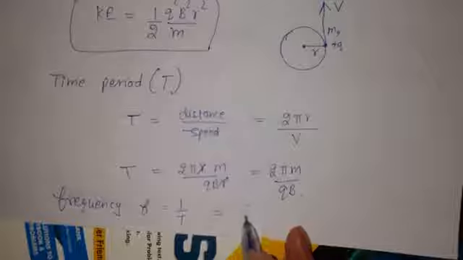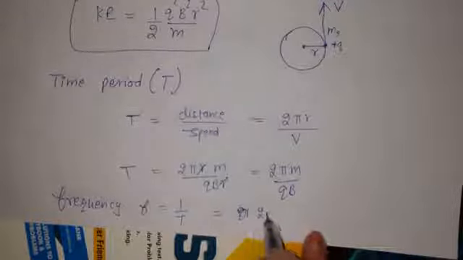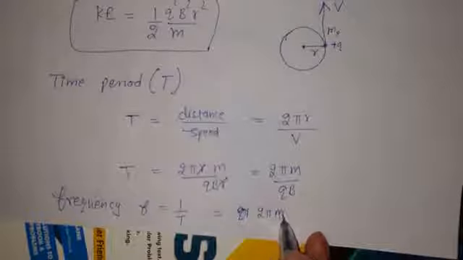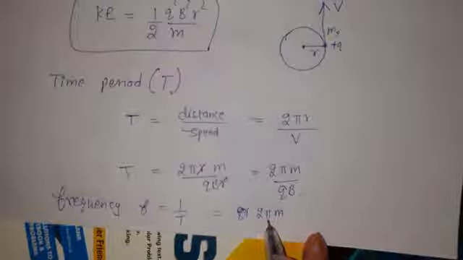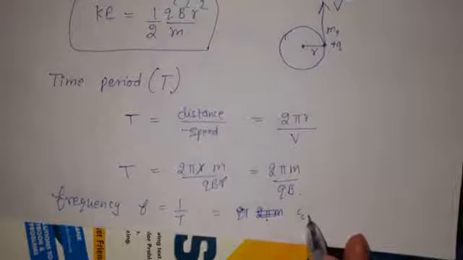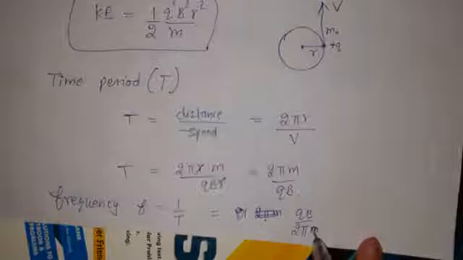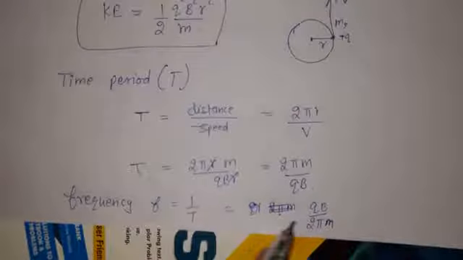Reverse the values: it is going to be qB by 2 pi m. This is that frequency.